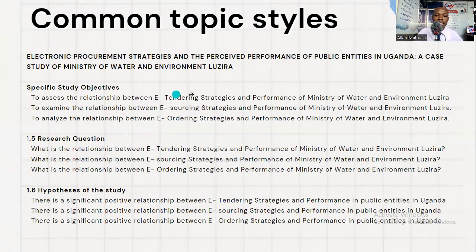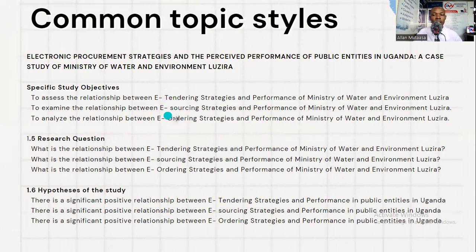So you'll see that e-tendering, electronic tendering, is a section that has been broken down from electronic procurement. So in electronic procurement, there is e-tendering, there is e-sourcing, there is e-ordering. E means electronic. So electronic tendering, electronic sourcing, and electronic ordering.